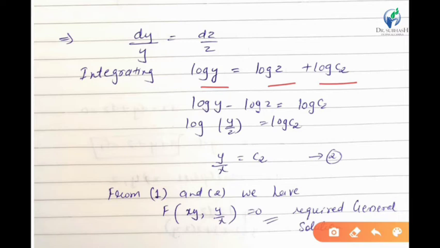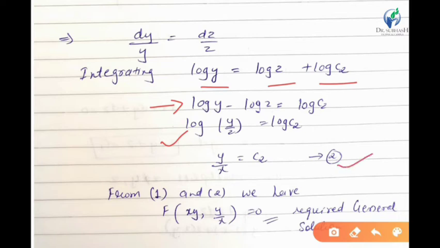Taking log z to the other side, we get log y minus log z equal to log c2. By basic rule of logarithm, log a minus log b is equal to log a by b. So here it is log y upon z equal to log c2. Taking the exponential power to remove logarithm, we get y upon z equal to c2 as our second solution.